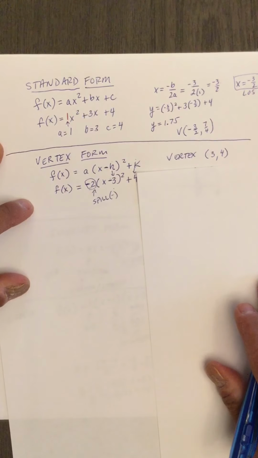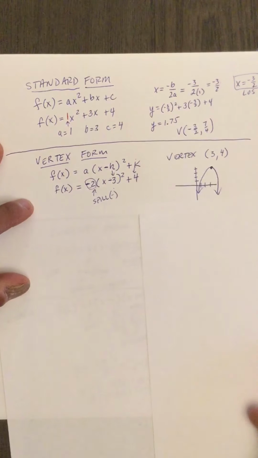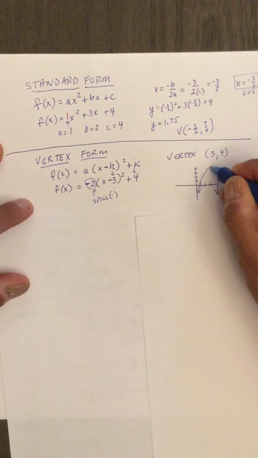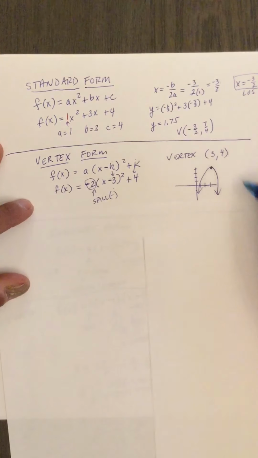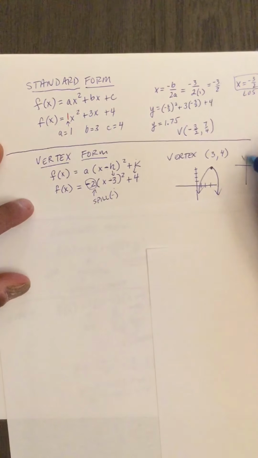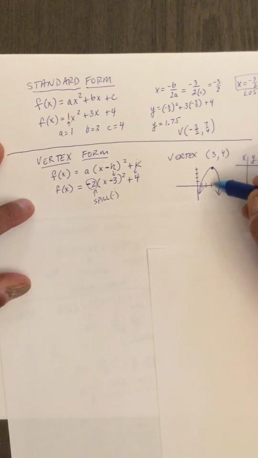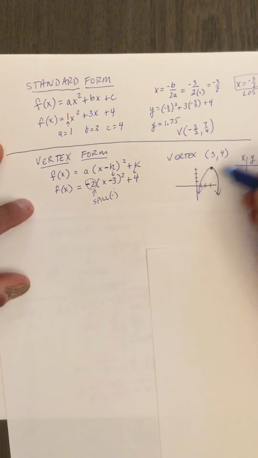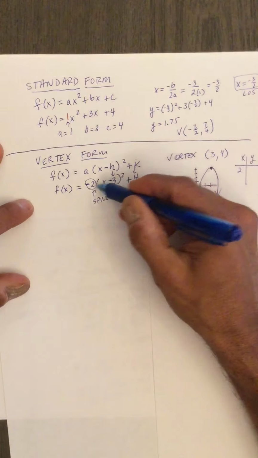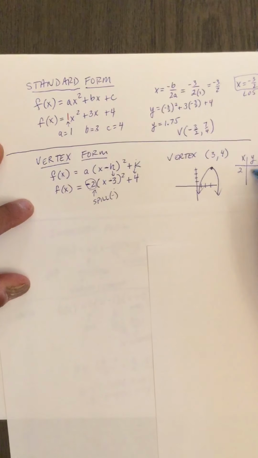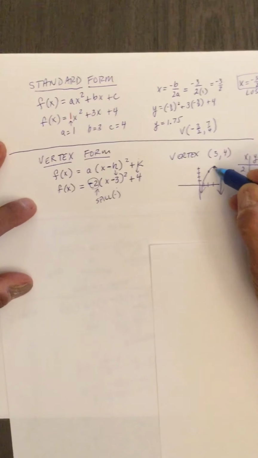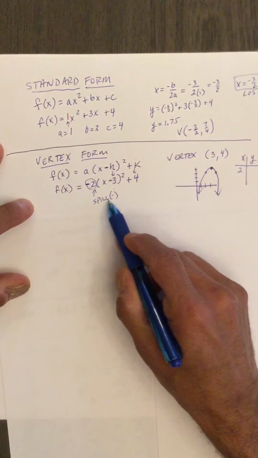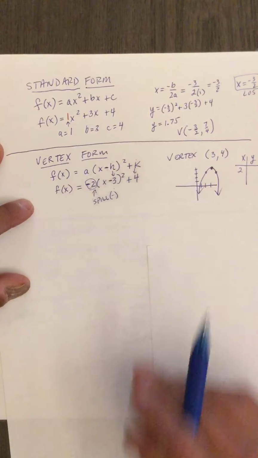If I was to graph this, I would graph my vertex first, and then use a table of values. I would pick a number like 2, put 2 into the problem, see what I get as an answer, plot that point, copy it to the other side, and then draw it in. And I know it's going to be a spill because a is negative 2.